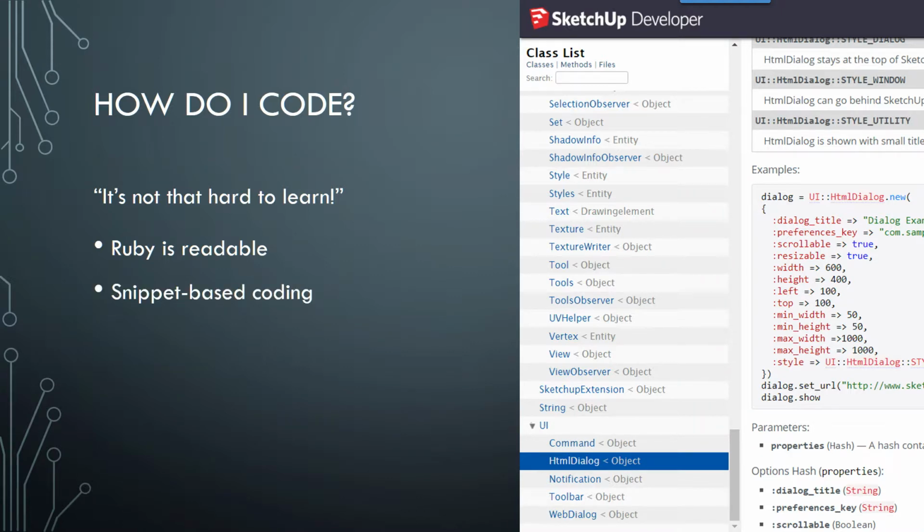I really like snippet-based coding because I'm lazy and I always have to look things up. So I go to the website, find what I want, take my little snippet, pop it in there, try it out, and modify it. Like, I don't know, many people do. Then, of course, you can always look at the source for a bunch of other of these extensions.